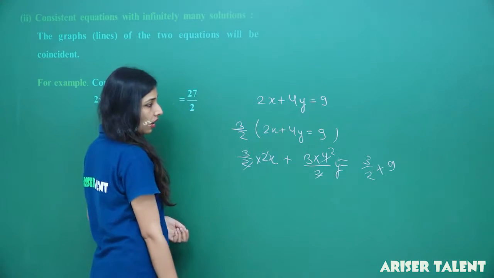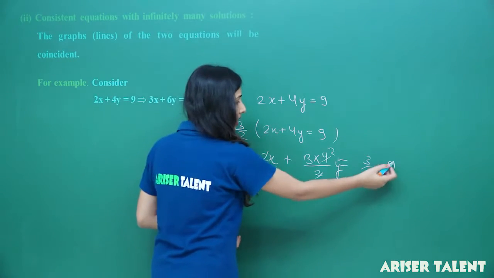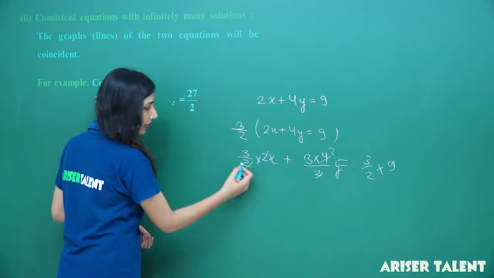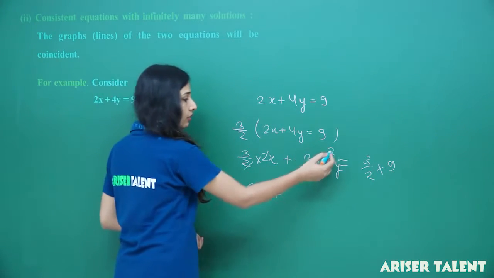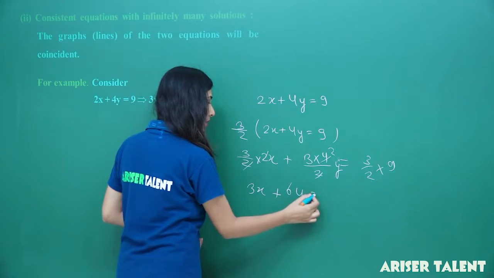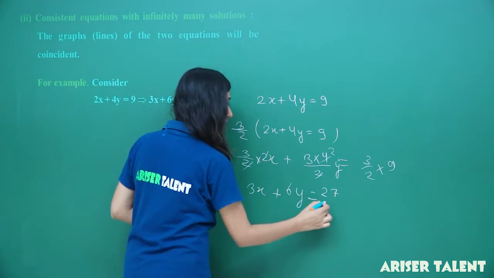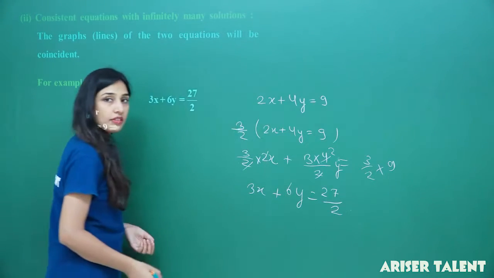Now it becomes 3x plus 6y equals 27 by 2. Now, this is the equation.